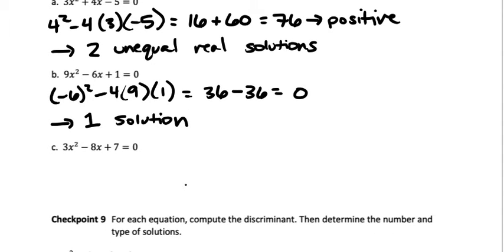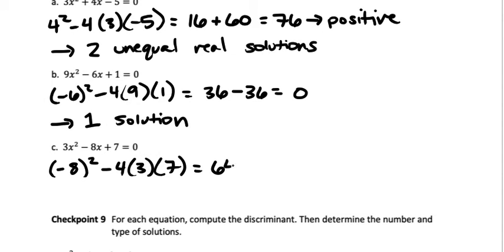And lastly, for part C, when I plug in, I have negative 8 squared minus 4 times 3 times 7. Negative 8 squared is positive 64. And 4 times 3 times 7 is 12 times 7.